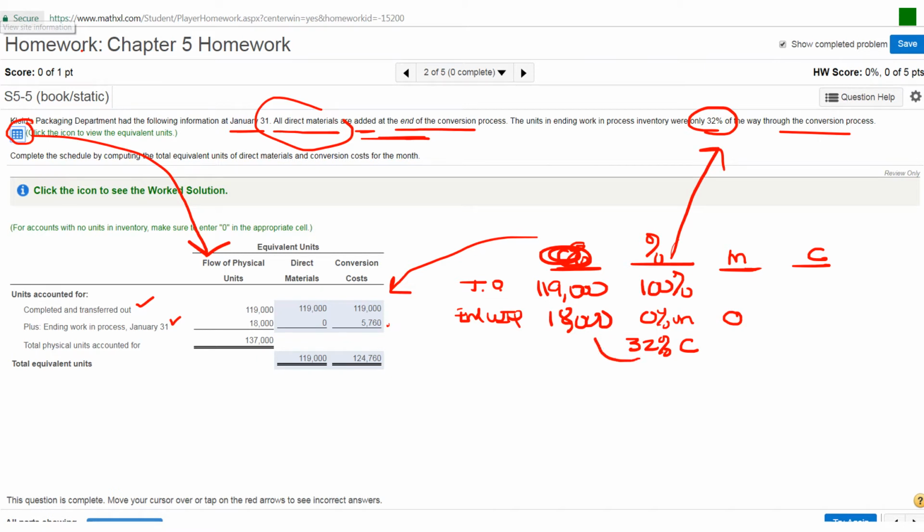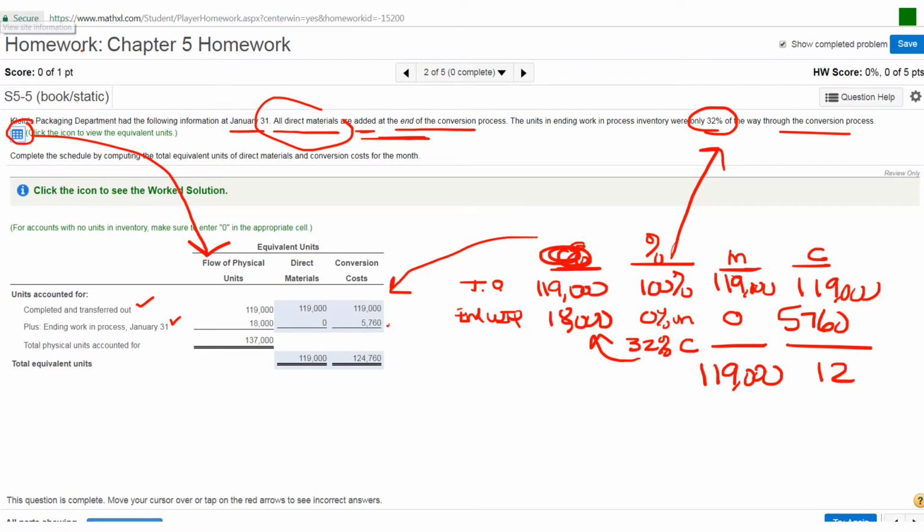So if you just take 32% and multiply that by 18,000, that'll give you 5,760. So I'm going to go ahead and write these numbers back up here. So you had 119,000 for both of these, and you just add them down. You get 119,000 for your materials, and you get 124,760 for conversion. That's how you calculate your equivalent units.